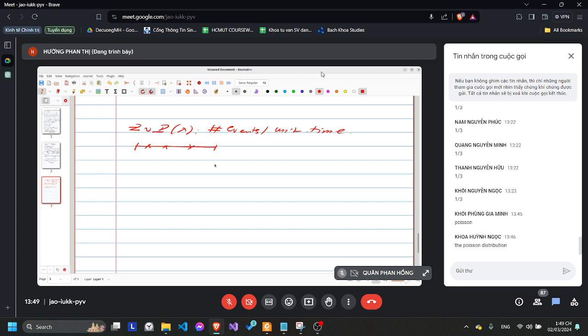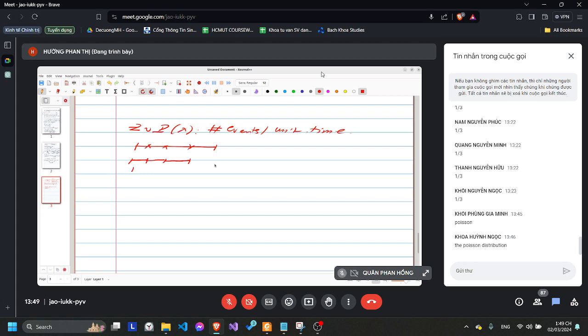Now, on the other side, if we not only care about the number of cases, but we also care about the interval time or the duration between two successive cases, it means that we care about how long from the beginning until we get the first case, how long from the first case to the second case, and how long from the second case to the next case, and so on.